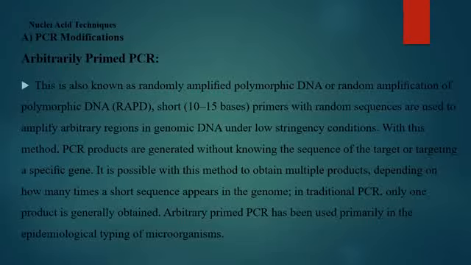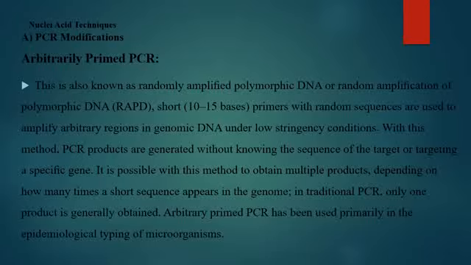So you pick a particular DNA, you try to replicate arbitrarily or randomly portions of that DNA. With this method, PCR products are generated without knowing the sequence of the target or targeting a specific gene. So you don't target a specific gene, you just zoom in and replicate portions.